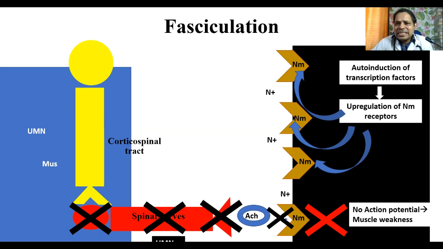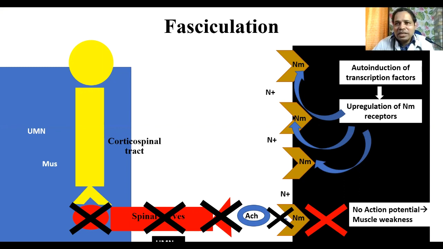Now for any mechanical stimulus, it starts responding, it becomes more sensitive, and there is sudden influx of sodium because of the increased sensitivity. Because of this, the muscle will start showing the fasciculation. This is because of the hypersensitiveness, because more and more NM receptors are pushed towards the periphery for the depolarization, but acetylcholine is not there, yet it still responds because of the hypersensitivity, where sodium starts coming inside and shows muscle fasciculation.